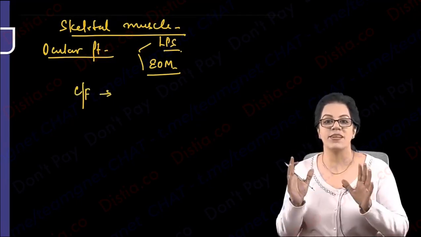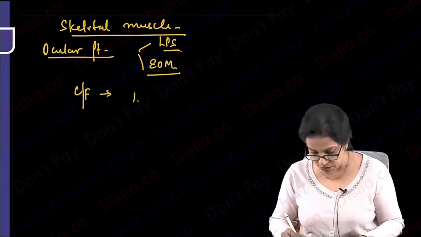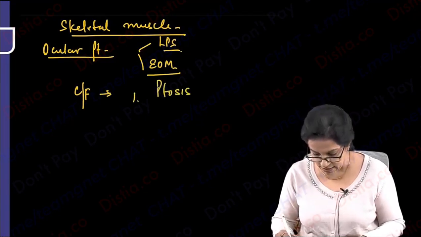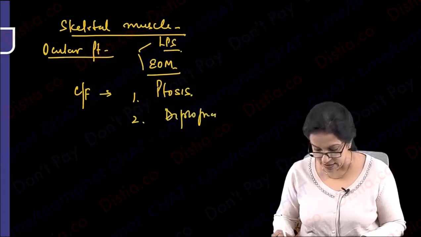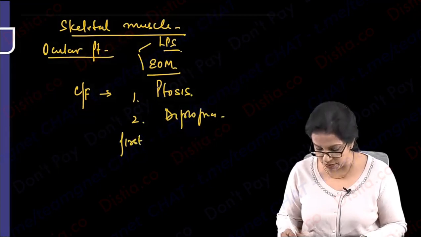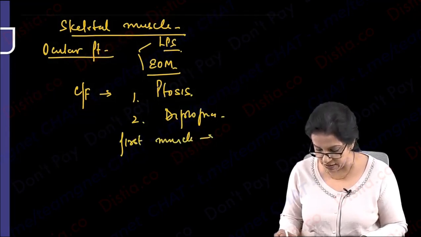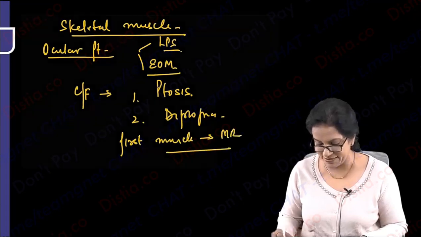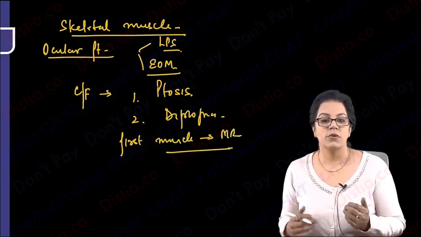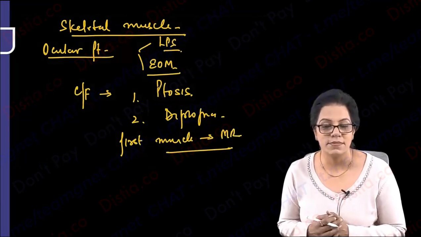I am talking mainly ocular. The presenting feature would be ptosis, and second would be diplopia. The first extraocular muscle to be affected is the medial rectus. So it starts with ptosis and diplopia.